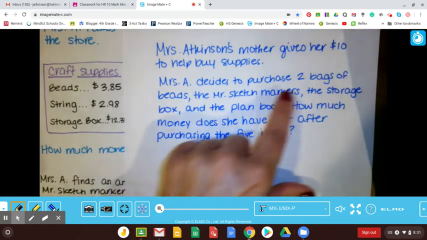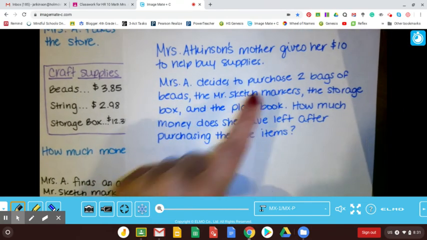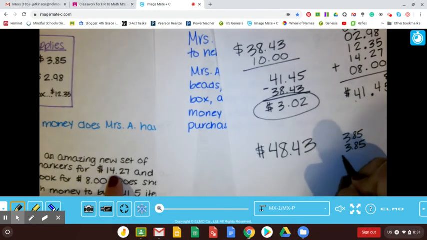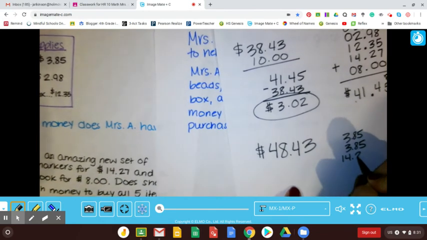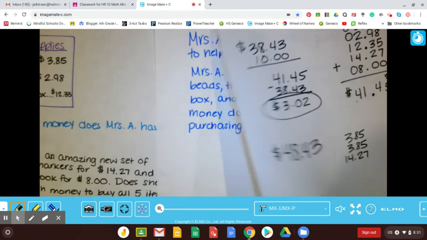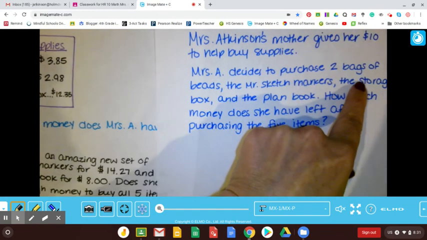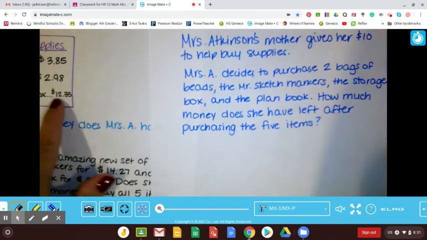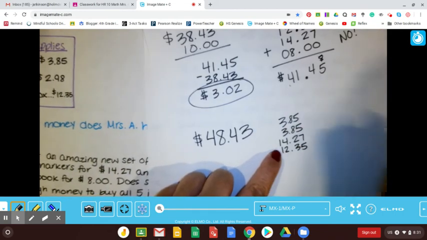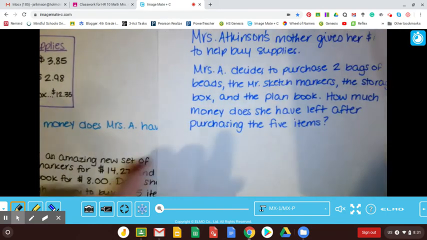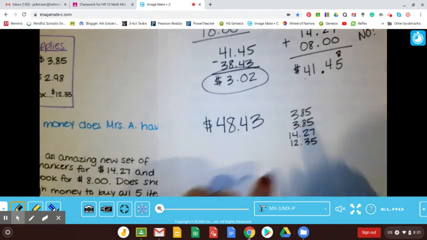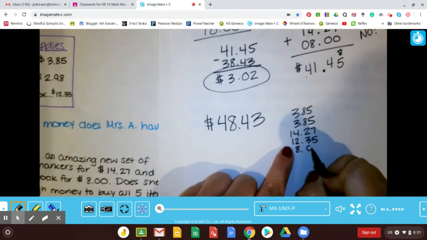Then what else does she buy? The Mr. Sketch markers. And the Mr. Sketch markers were $14.27. Okay. And what else? The storage box, which was $12.35. You can see how it'd be easy to make a mistake on this problem. And finally, the plan book, which was $8. All right.